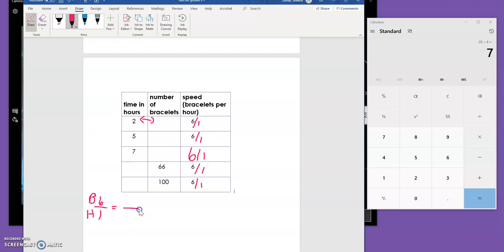And so then when I'm writing my fraction for this rate, the time in hours is going to be on the bottom. And so we want 6 over 1 to equal something over 2. I know I'm multiplying 1 times 2 to get 2, so 6 times 2 will give me 12.